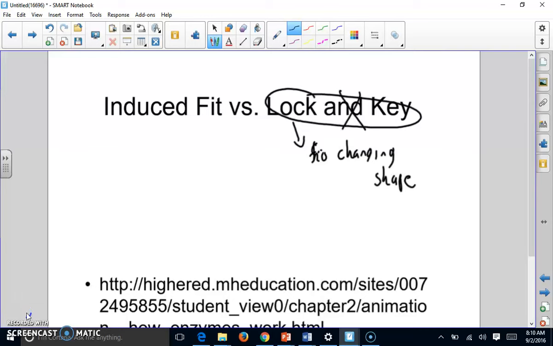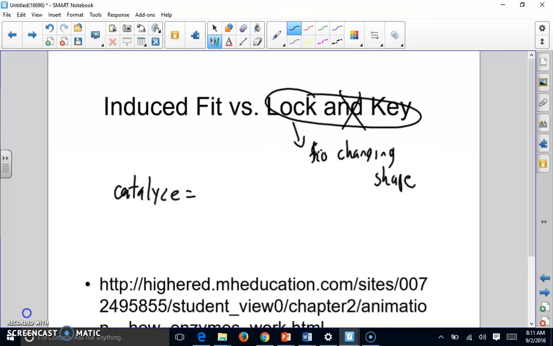What's more correct is the induced fit model. And what the induced fit model says, and you should write what I say here, is that when the substrate binds, the enzyme changes shape slightly to better fit the substrates. Then it catalyzes the reaction, and catalyze is an important word.